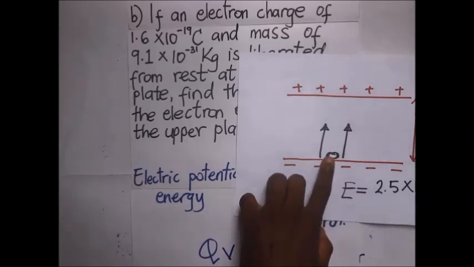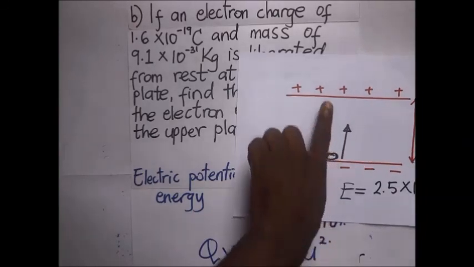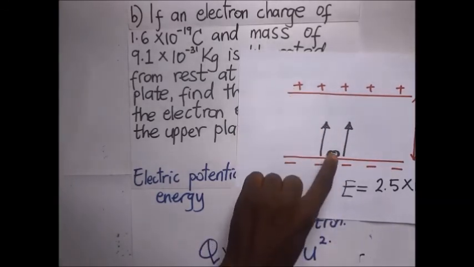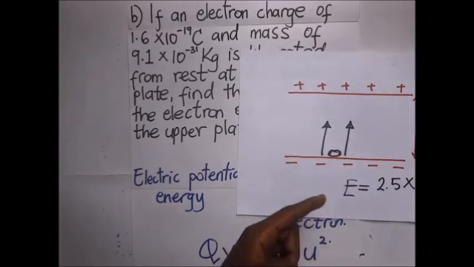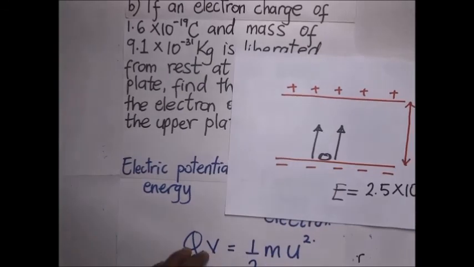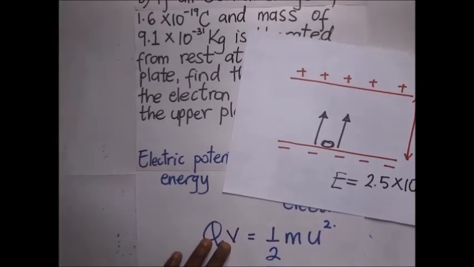at first it has electric potential energy. As it is moving up, this electric potential energy, while it is in this field, is being converted into the kinetic energy with which it is going to move to the upper plate. From the law of conservation of energy, we know that energy can neither be created nor destroyed, but can be changed from one form to another.